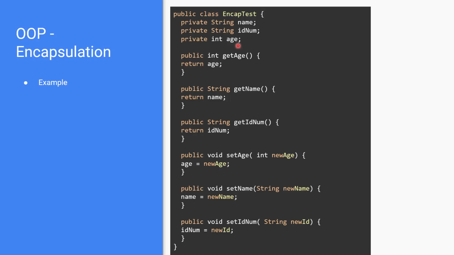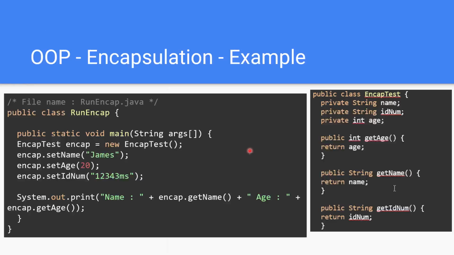Then in order to access that, we've got to go back to the object we created from class EncapTest, and we have to call the get methods. The get methods will return age as an integer, return the name as a string, and return the ID number as a string as well.